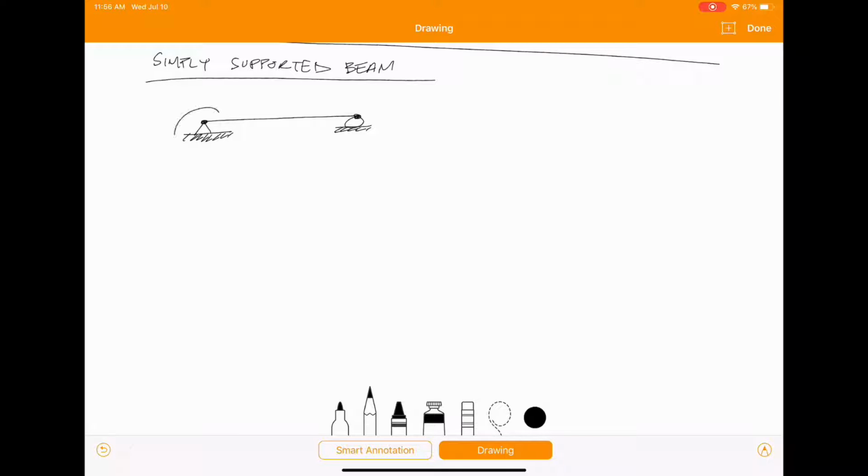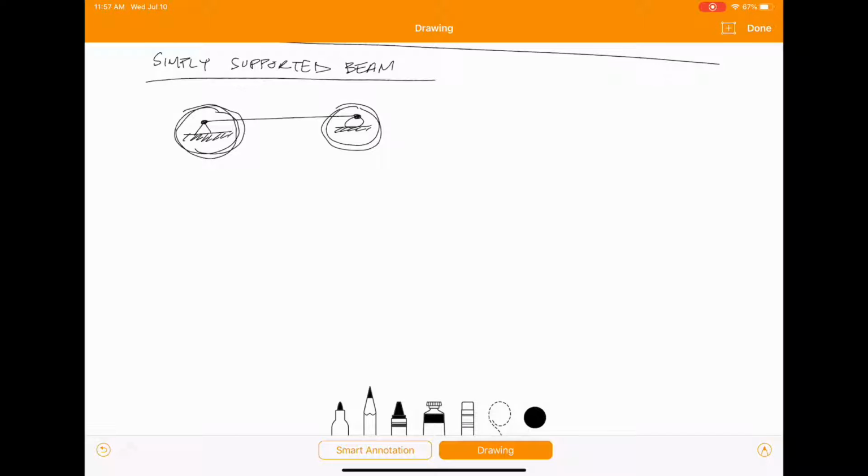These reactions here at the end of the beam are extremely important because those are going to tell you where and how to apply external forces to the beam. These are the things that are holding the beam in place and keeping it from moving throughout space once forces are applied to the beams.